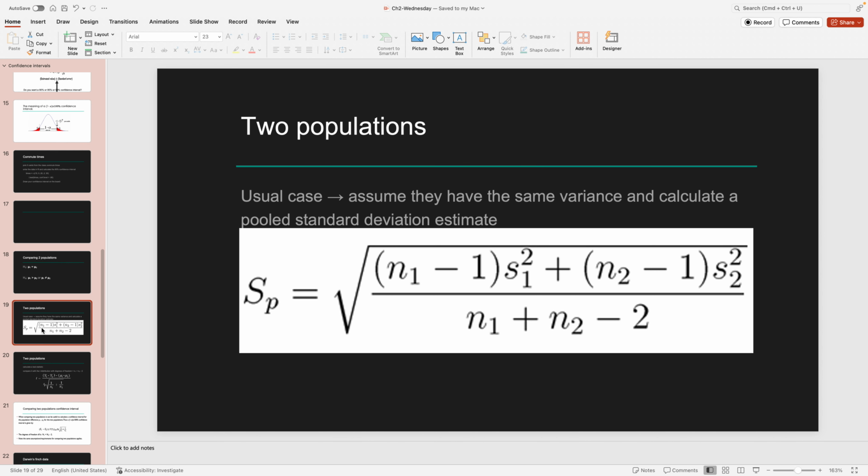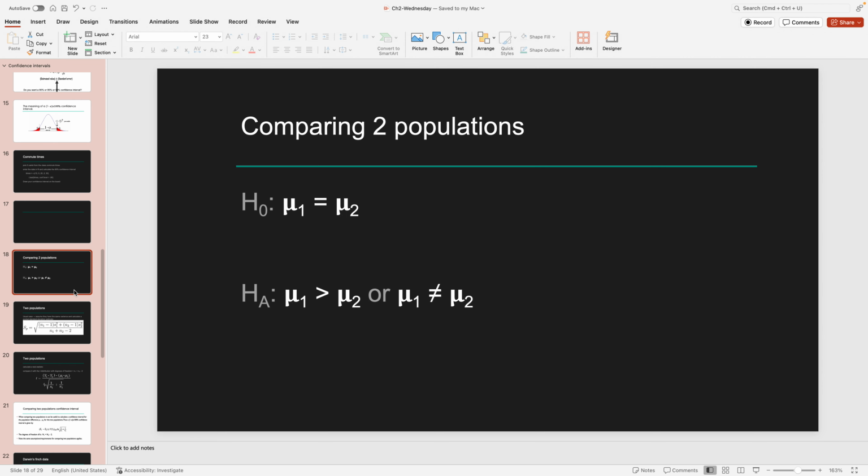Okay, and how we'd calculate this is there's two different scenarios to consider. The typical case is to assume they have the same variance and calculate what's called the pooled standard deviation for population 1 and population 2. After all, we want to know if the mean of population 1 is equal to mean of population 2.